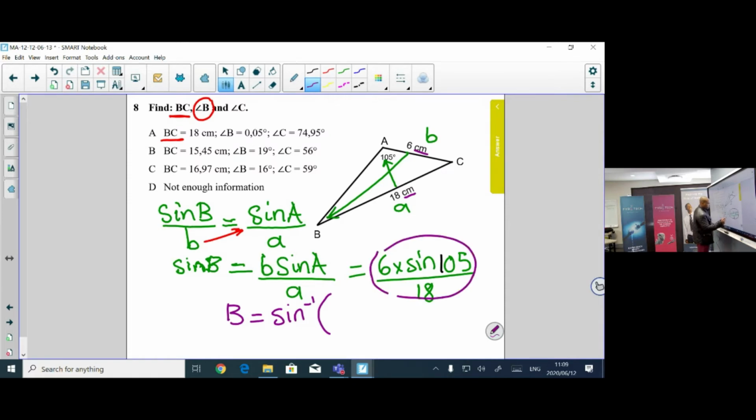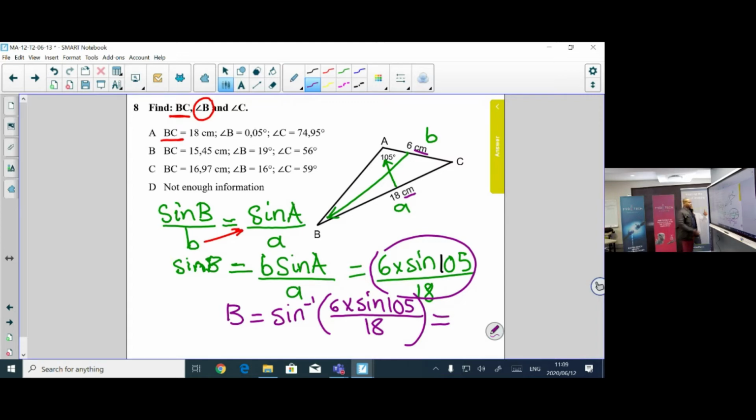So 6 times sine 105 degrees over 18. Okay. So by doing that, you will get your final answer of what B is using your calculator.